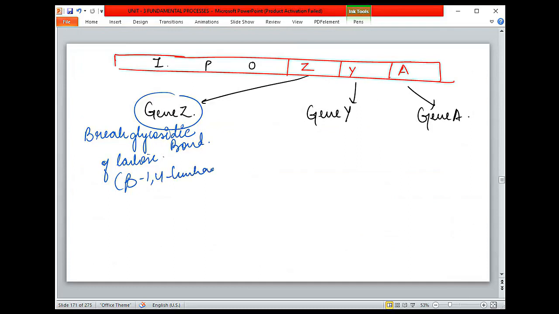Beta 1,4 linkage gets broken, so your lactose gets converted into glucose plus galactose. Clear? This is the first thing. So we can say that gene Z is producing what? It is producing beta galactosidase because it is breaking this bond. So it produces beta galactosidase.